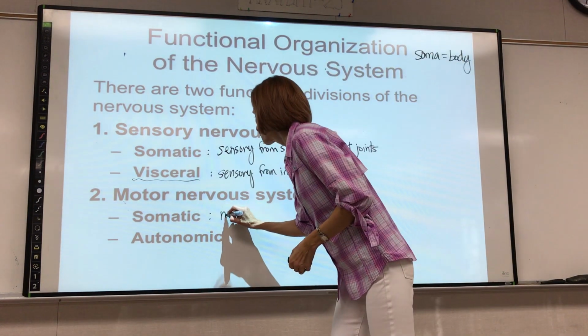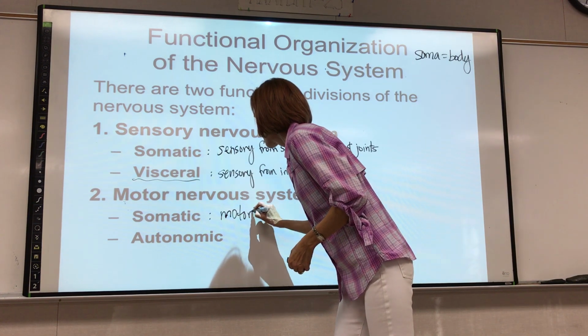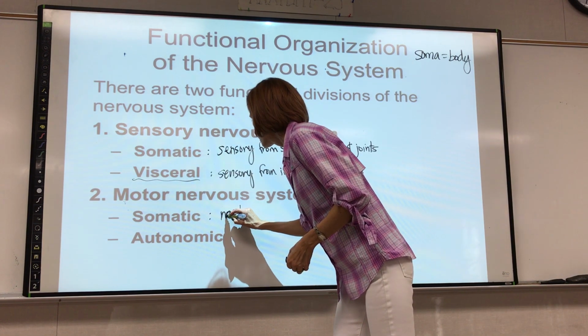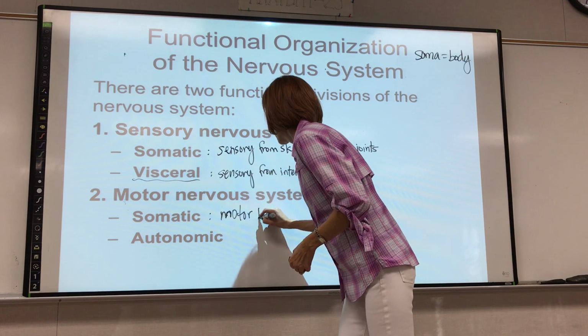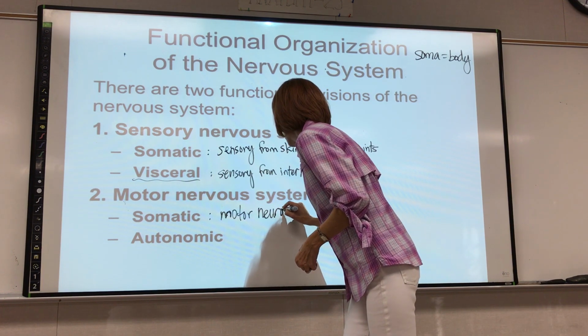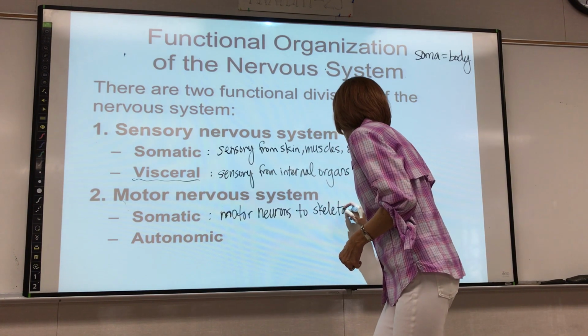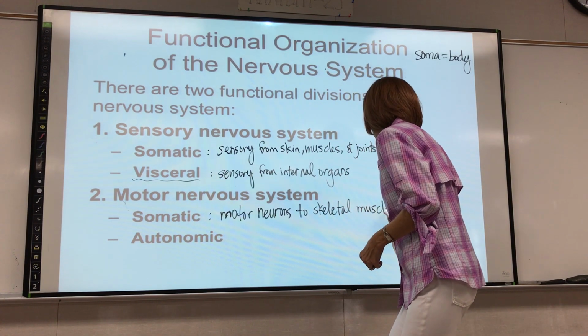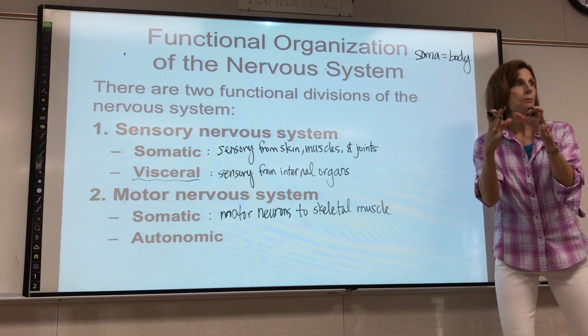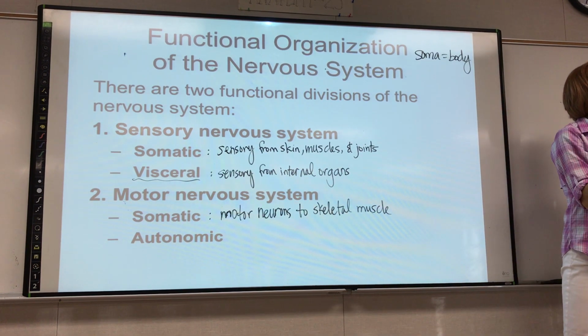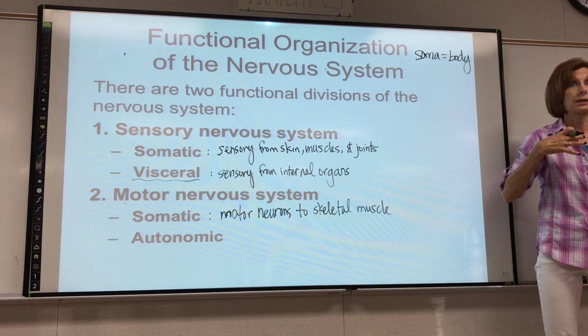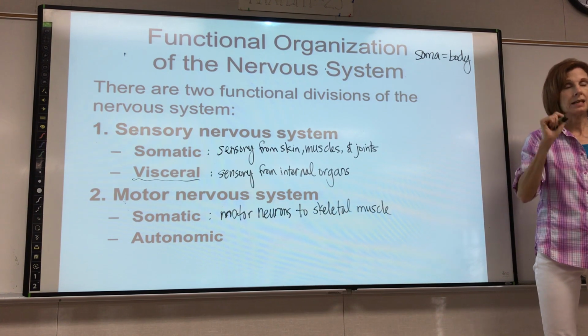So these would be motor neurons going to skeletal muscle. It kind of makes sense. These would be in a separate grouping because you guys know skeletal muscle is the only type of muscle we can control voluntarily, right? Yes.